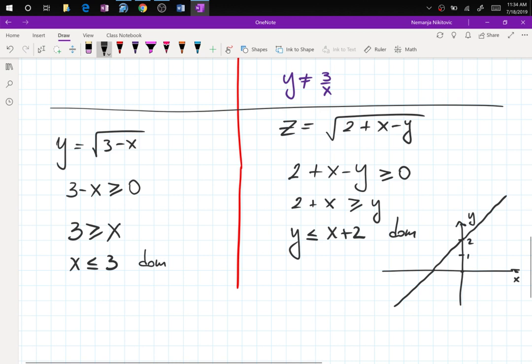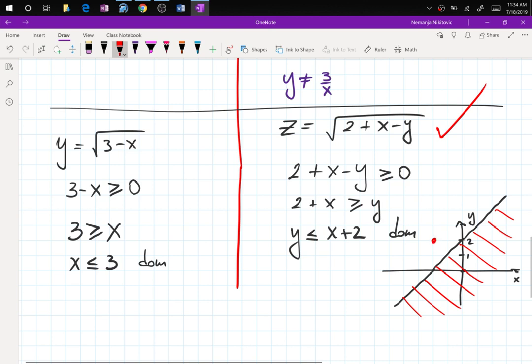You can just quickly test 0, 0 to see if it works or not. 0 is less than 2, which is good, so we know we need to shade below. So your domain is in the shaded region. Any point that you pick from the shaded region would work in our equation. If you pick anything outside of the shaded region, it will not work.